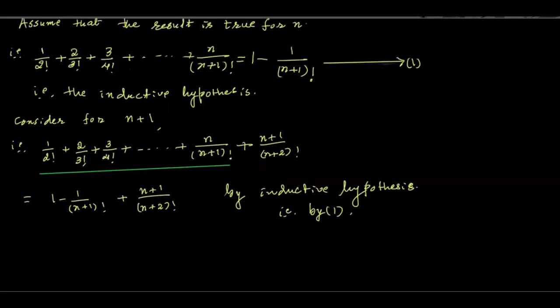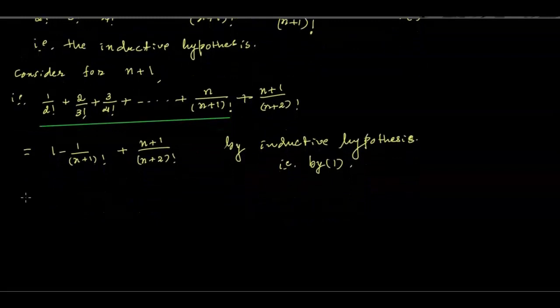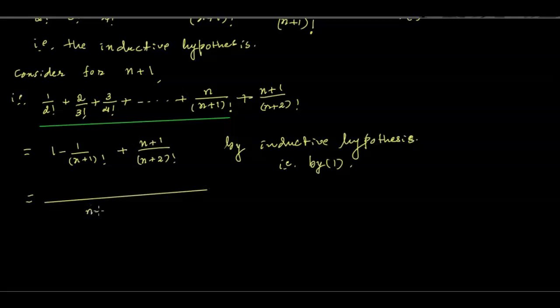Now you can simplify this sum. The LCM is (n+1)! into (n+2)!, and this is (n+1)! into (n+2)! minus, for this, (n+2)!, plus, for this, (n+1) into (n+1)!.